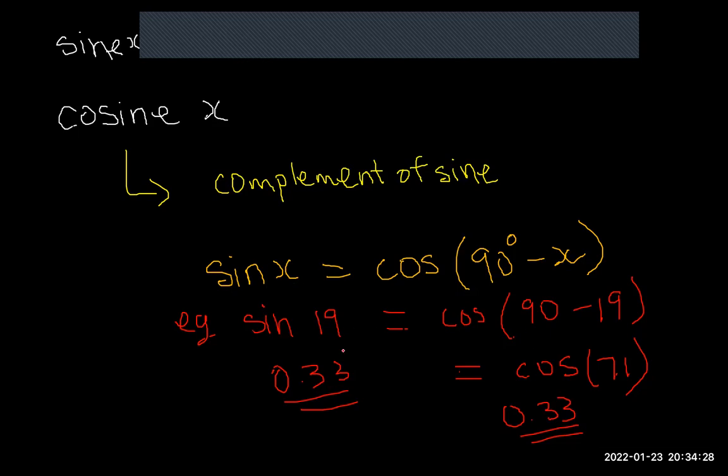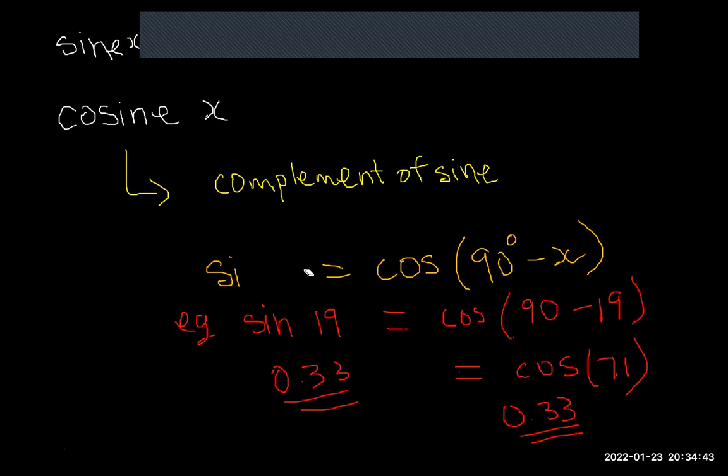That's why sine of 19 gives me 0.33. And cosine of 90 minus 19, which is cosine of 71, gives me 0.33 as well. So that's the relationship between sine and cosine.